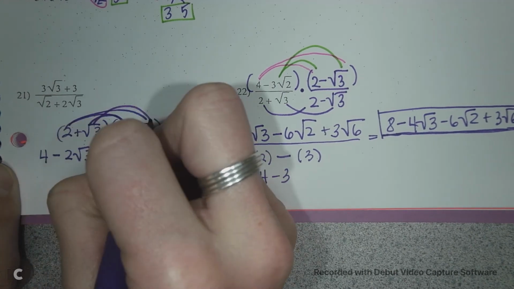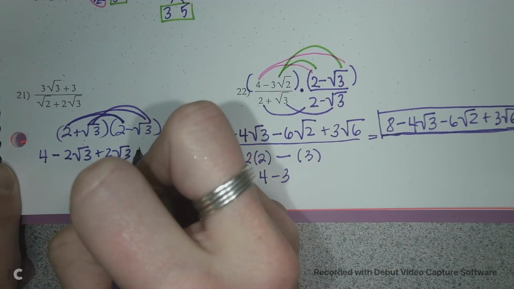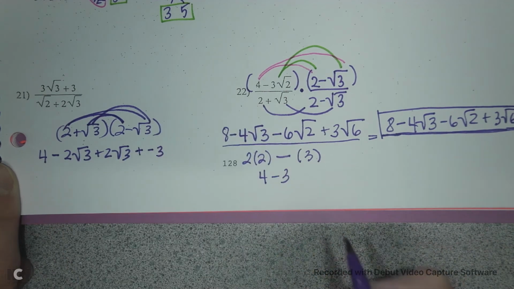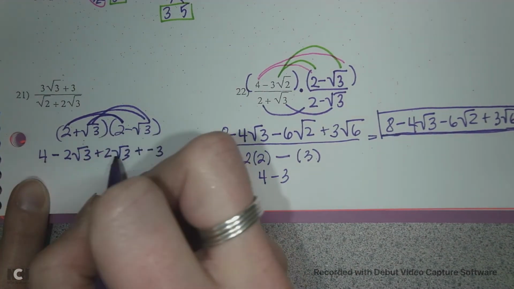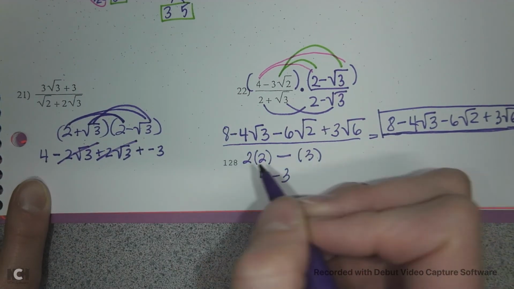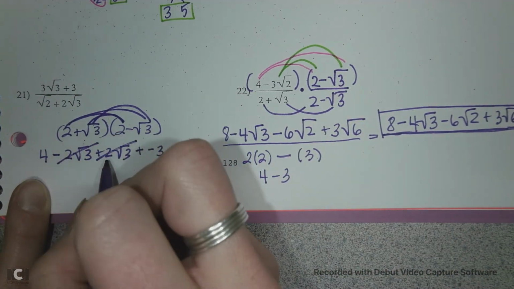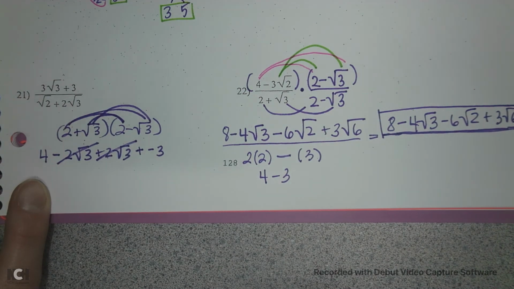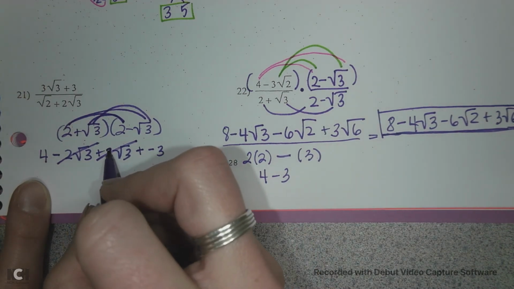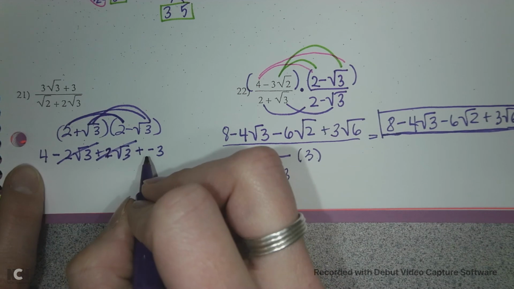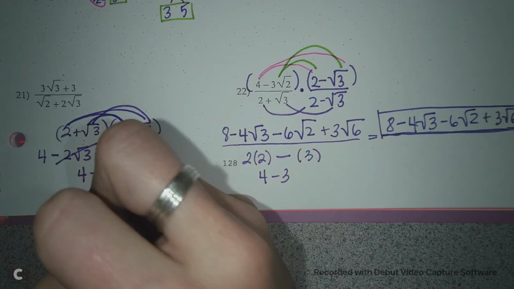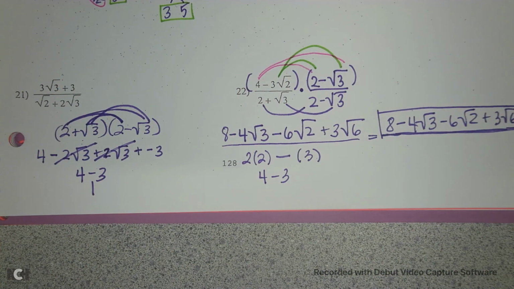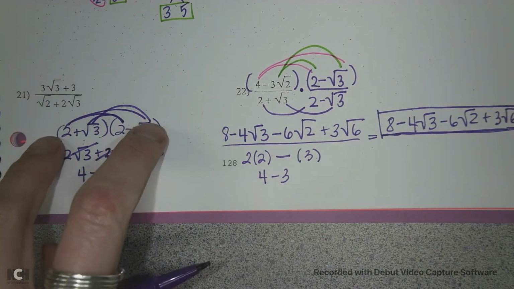And I multiply root 3 times negative root 3 and I get negative 3. Okay, well, negative 2 root 3 and 2 root 3, when I add them together, I make 0. Because if I have negative 2 and I add 2 to that, that is 0. If I have positive 2 and then I take away 2, that's also 0. And then we have minus 3. And 4 minus 3 is 1, which is exactly what I got with the shortcut. You just have to multiply the outsides and the insides.